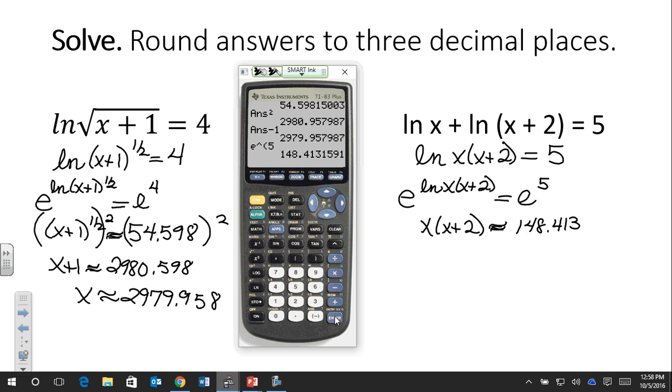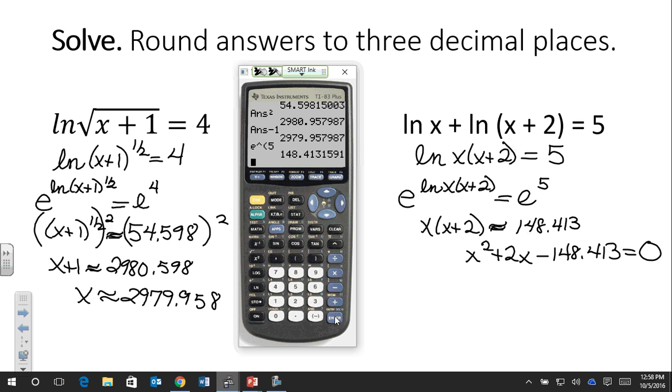We're going to have to use the quadratic formula, because if we distribute this, we'll get an x squared plus a 2x. Is everybody okay with me bringing the 148 to the other side? Now we have to use the quadratic formula, because we could complete the square, right? But we can't factor that.